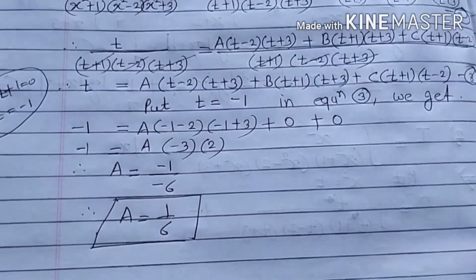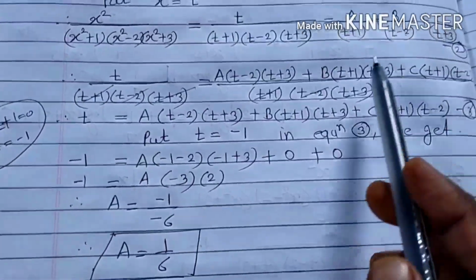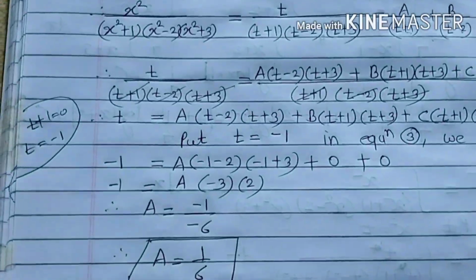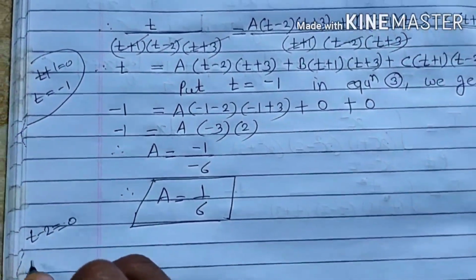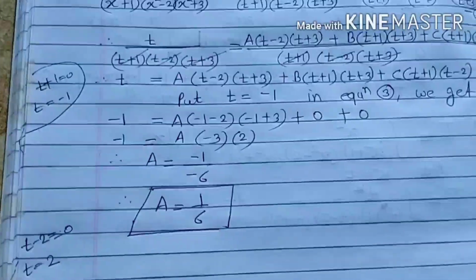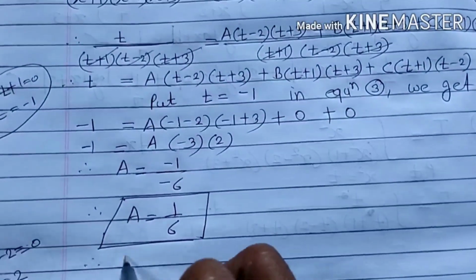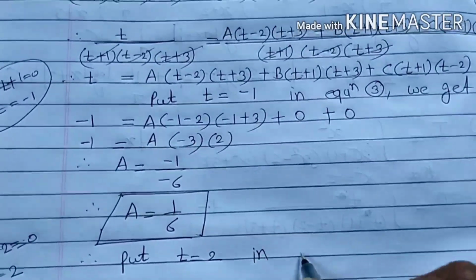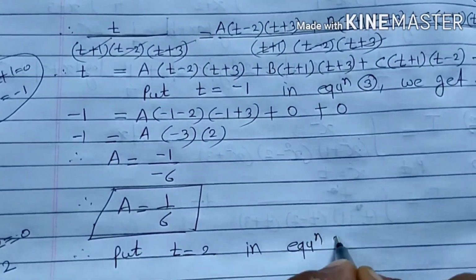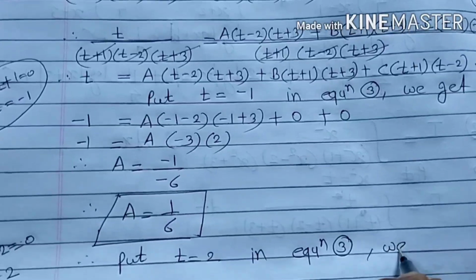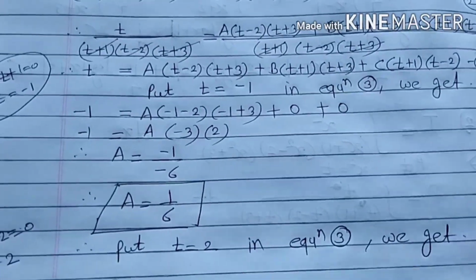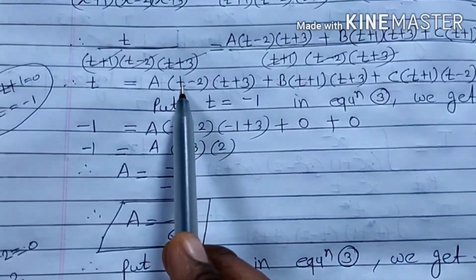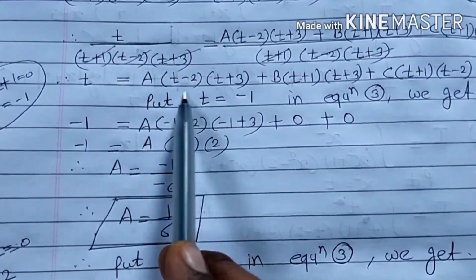Now we also find the value of b. For that we have to put t minus 2 equal to 0, which is t equal to 2. Therefore we put t equal to 2 in equation 3 and we get 2 is equal to a into 0, because if you put 2 here, 2 minus 2 will become 0.